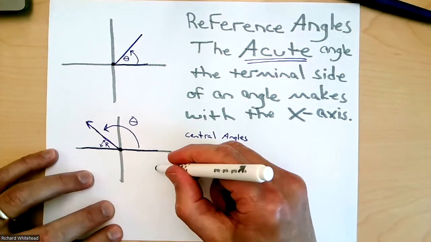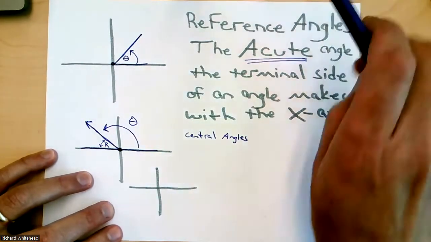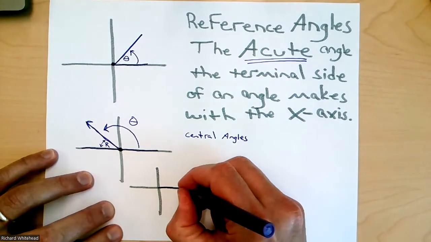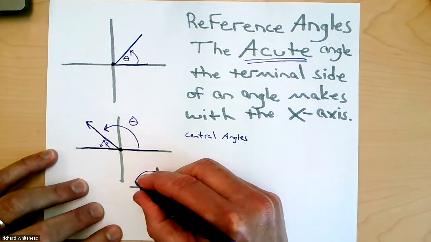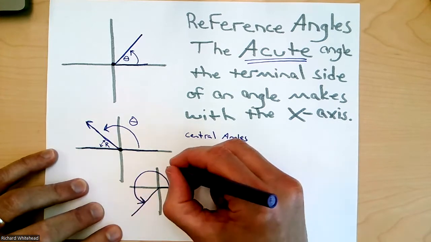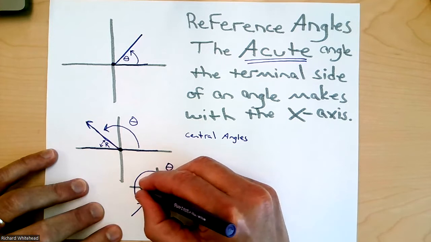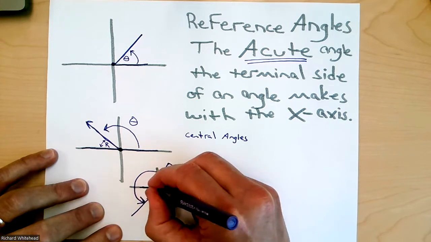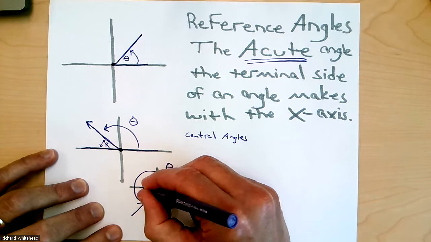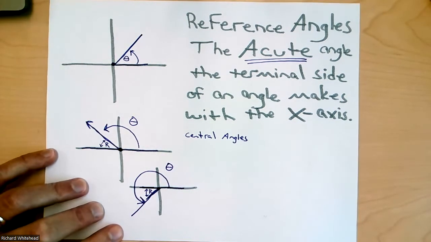So if you had an angle that's way out here in the third quadrant, there's my angle theta, you'd say this guy right here becomes the reference angle, because it's the acute angle you make with the x-axis.